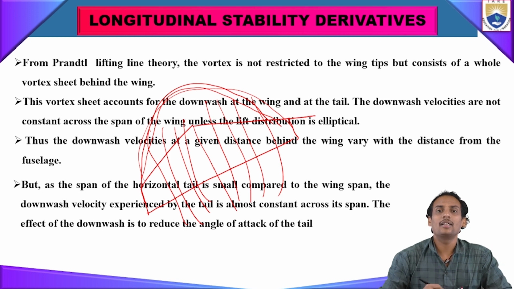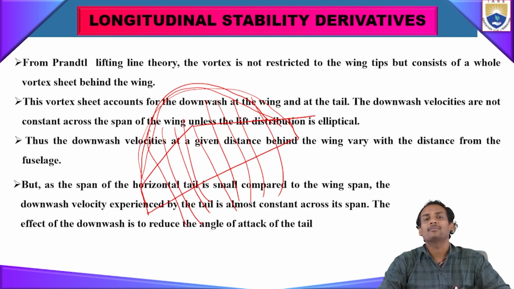We have come across this lifting line theory in aerodynamics. So these downwash velocities at a given distance behind the wing will vary with respect to the distance from the fuselage.